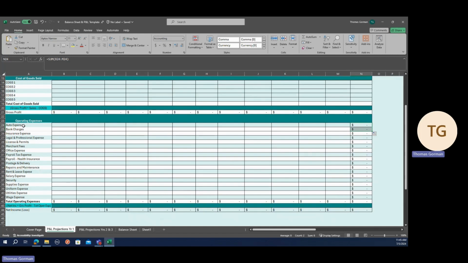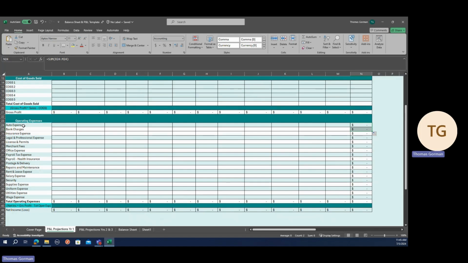Now, you'll need to figure out what type of expenses will be required to conduct daily operations in your chosen field. And this can be accomplished by interviewing local business owners. Maybe you have a mentor in the field that you're wanting to get into.